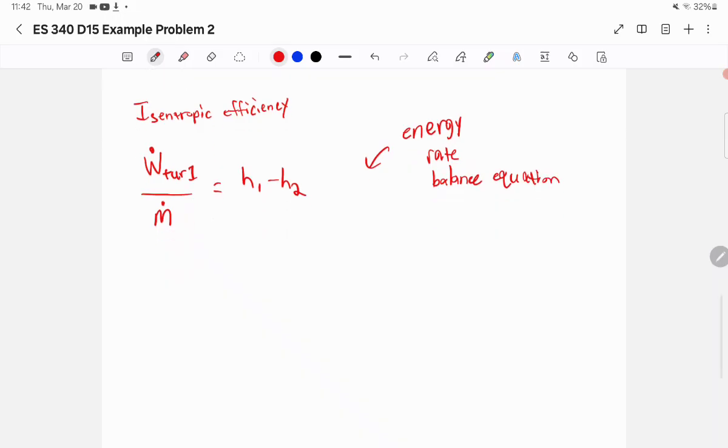But remember that the isentropic efficiency, let's call it eta isentropic, just so we can recall what that would be.